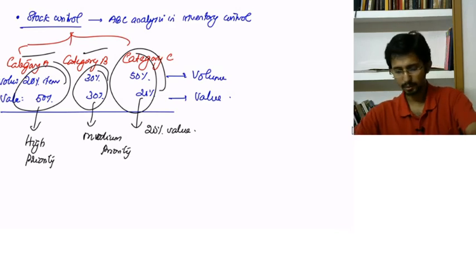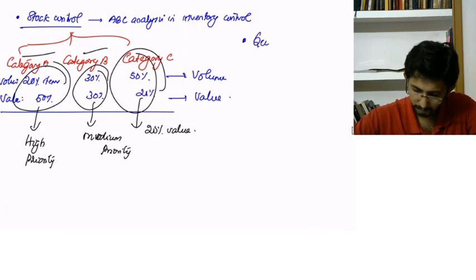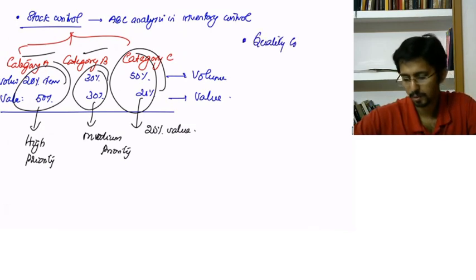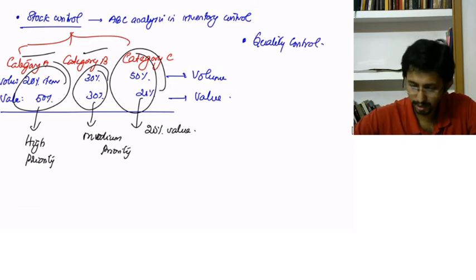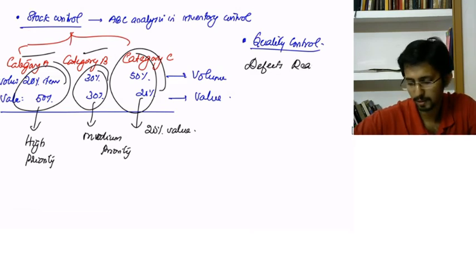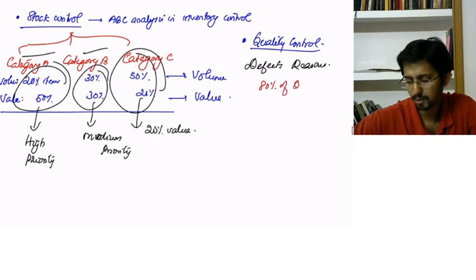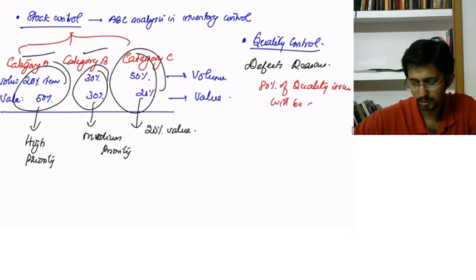Okay, then you have quality control. If you look at the defects and their reasons, you can find that 80% of quality issues will be due to 20% of reasons.